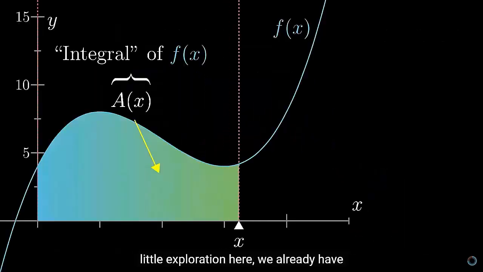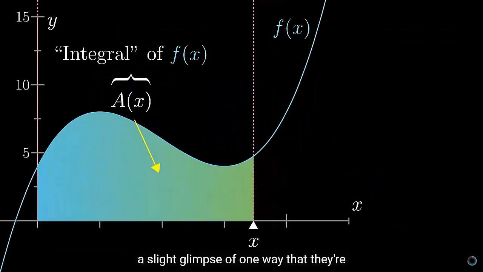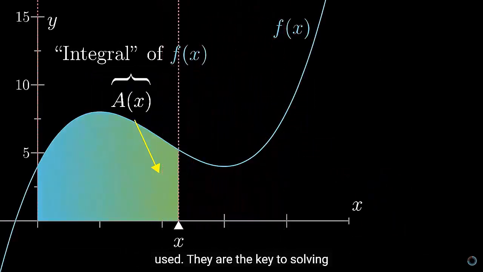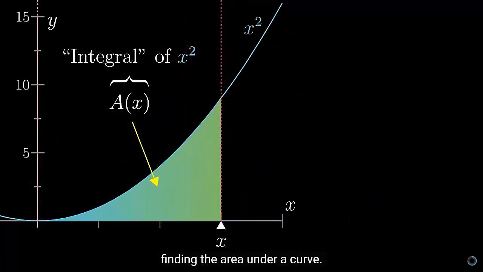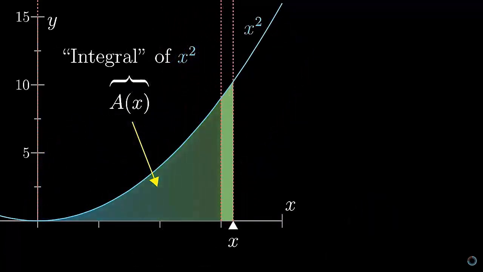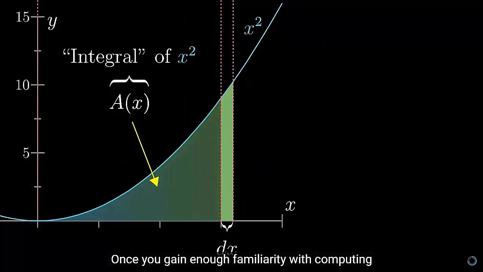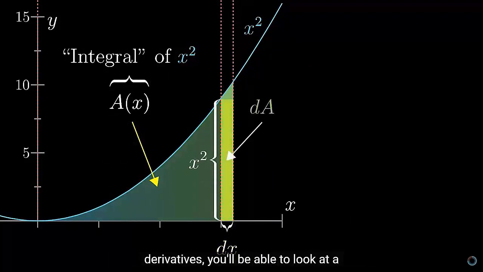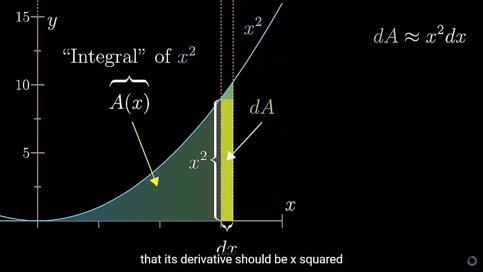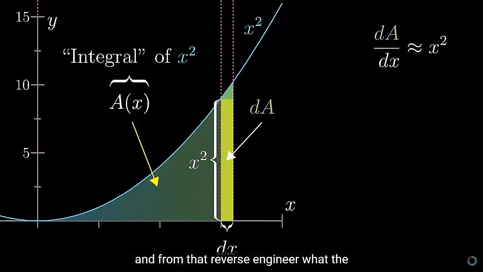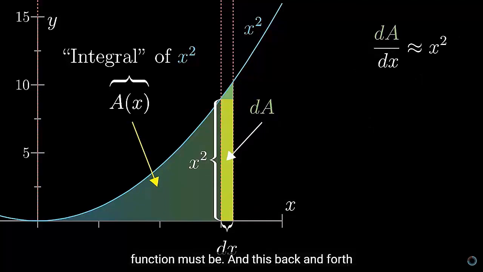In our little exploration here, we already have a slight glimpse of one way that they're used. They are the key to solving integral questions, problems that require finding the area under a curve. Once you gain enough familiarity with computing derivatives, you'll be able to look at a situation like this one, where you don't know what a function is, but you do know that its derivative should be x squared, and from that, reverse engineer what the function must be.